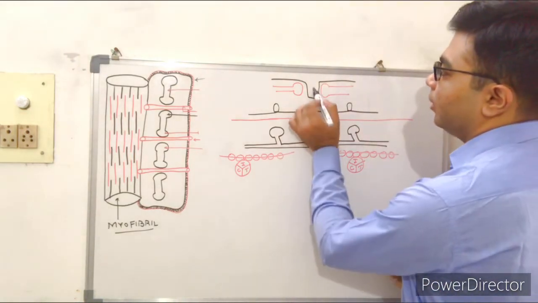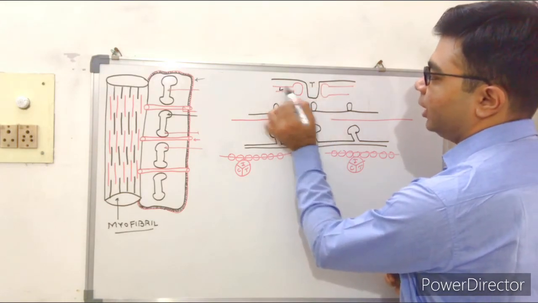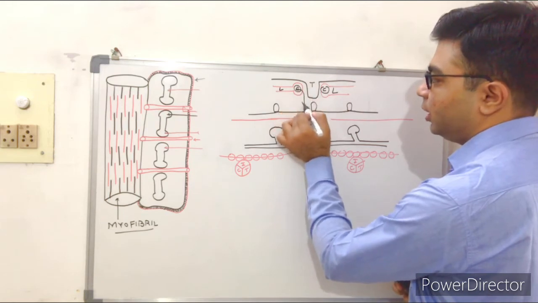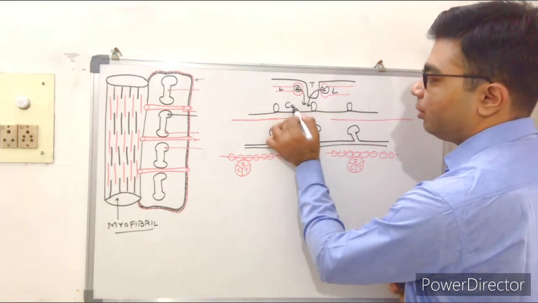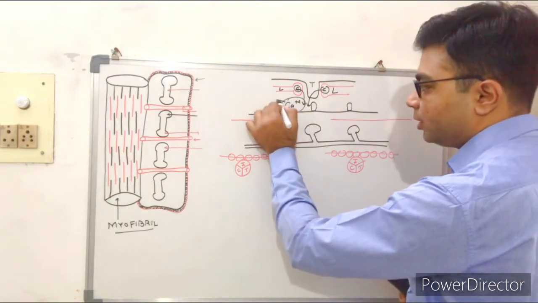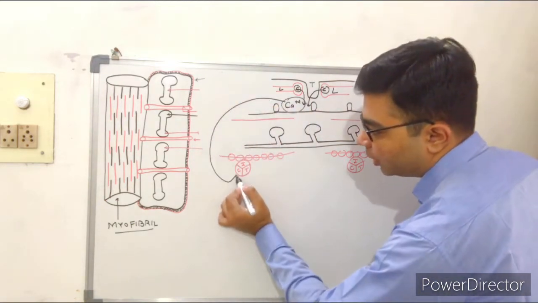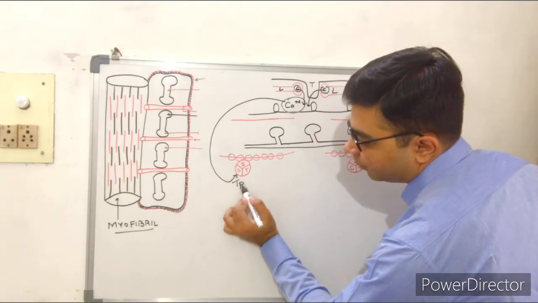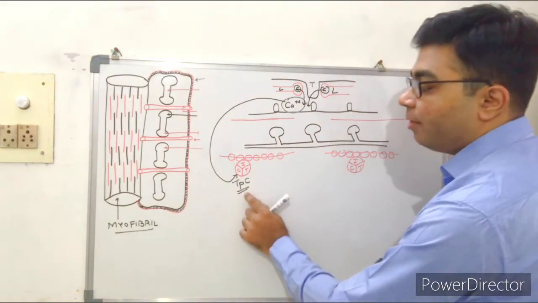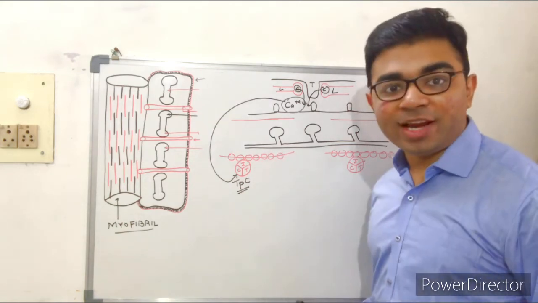This is a T-tubule, this is the L-tubules, this is the cisternae. From the cisternae, there is the release of calcium ions when an action potential arrives. These calcium ions are going to bind with the troponin C, which is present in the actin filament.